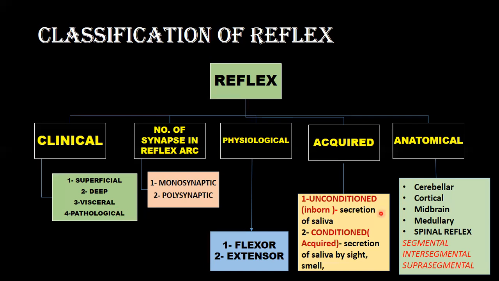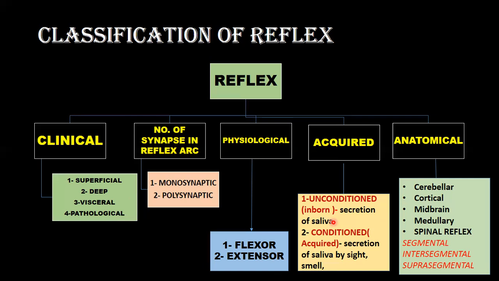So here I have already mentioned the important points you need to remember about the acquired reflex. First is the true type, that is unconditioned. Unconditioned means that it is present in the inborn. These are natural reflexes, which are present when the baby is born, at the time of birth.